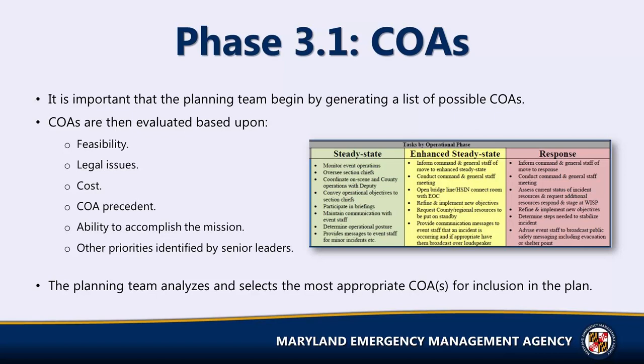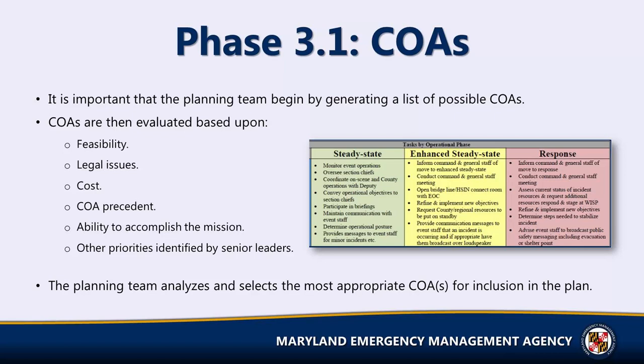COAs should be developed without preconceived notion in mind as to what the best COA is or what COA will work the best. Instead, after planners develop the list of possible COAs, they are evaluated based upon feasibility, legal issues, cost, COA precedent, and ability to accomplish the mission.